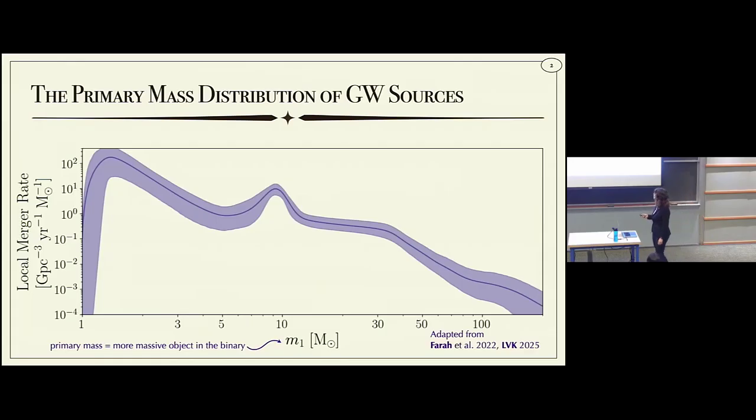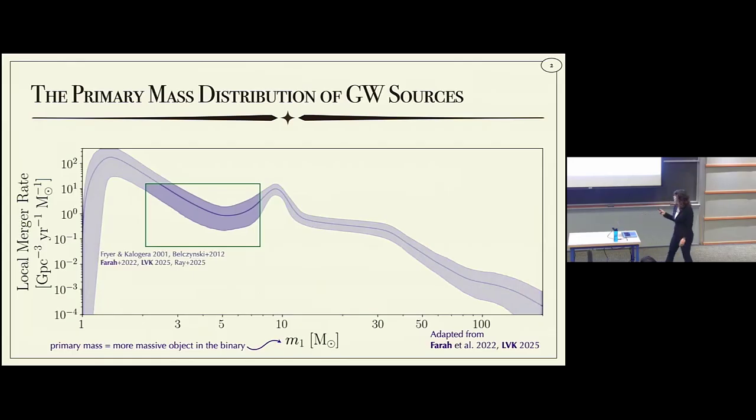But what I want to point out is a few features in this distribution. First of all, there's this lower mass gap that is supposed to be there. It was originally theorized because of a lack of X-ray binary detections in that mass range. But in the gravitational wave data, it doesn't seem to be completely empty.